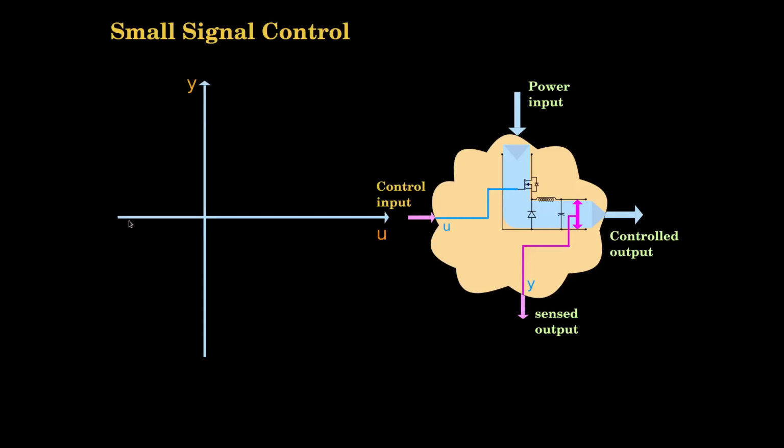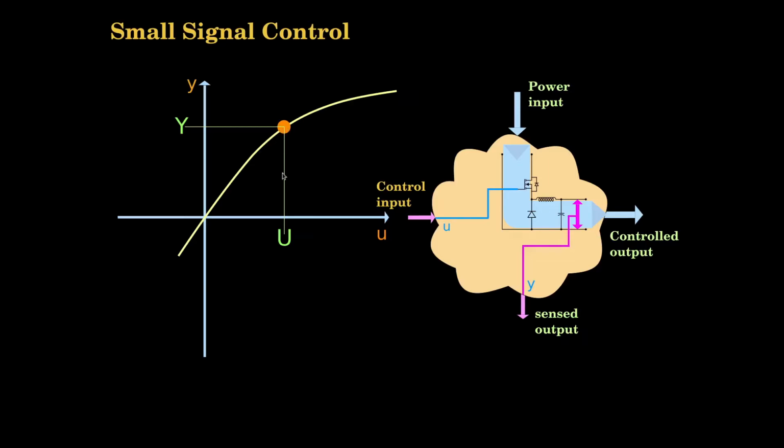Now here I am going to draw this X and Y axis. The X axis is U, control input, Y axis is Y, which is the controlled output. So let us say that it is of some arbitrary shape like this, the curve, and we have an operating point. In the neighborhood of the operating point, we would like to see the deviations.